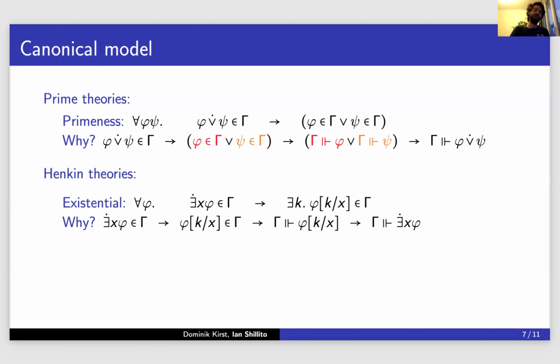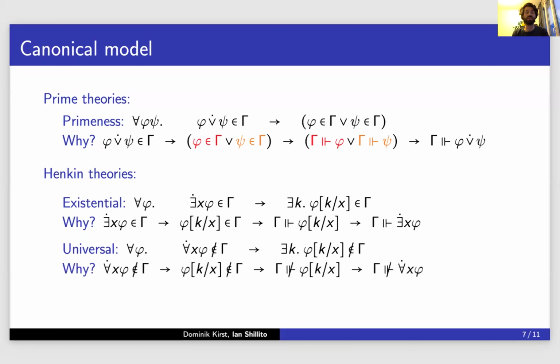And we do a similar trick for the universal, but this time not about membership, but about the negation of it. So if a universally quantified formula is not in gamma, then we want to have a witness k such that phi of k is not in gamma. The reason being that if we want a universally quantified formula to be false, we want to have a witness showing for which witness this property does not hold.